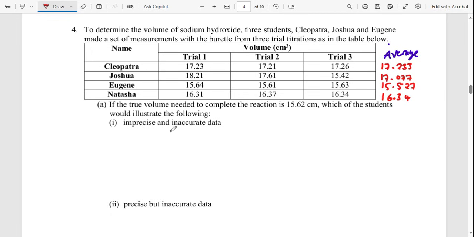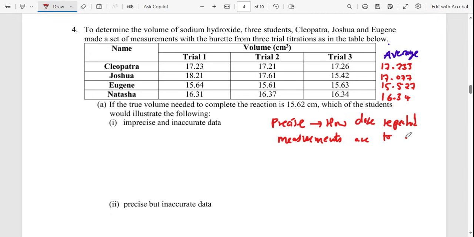Okay, so let me just first mention this. Precision: how close repeated measurements are to each other.